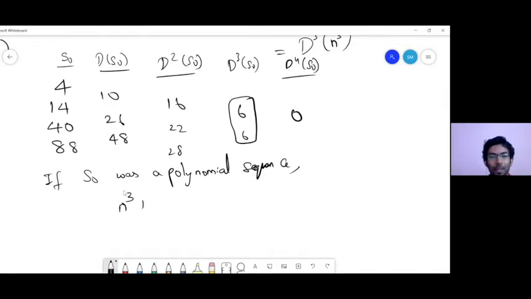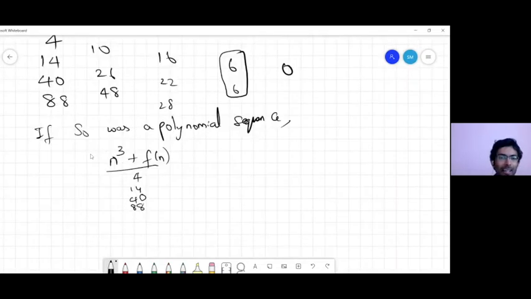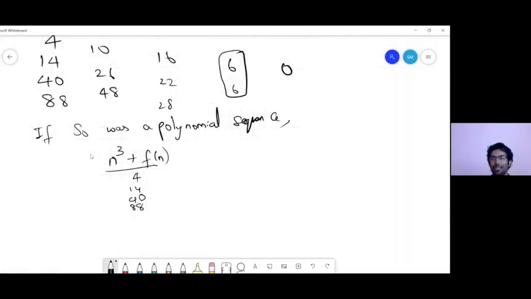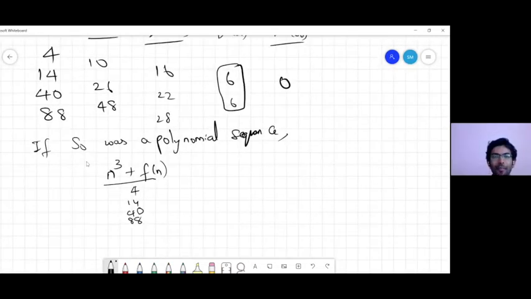So n cube plus some f of n is generating this sequence 4, 14, 40, 88. Right, so what can we do next? Any ideas? The 10, 26, 48 is a second degree polynomial, so similarly that will be 3n squared.